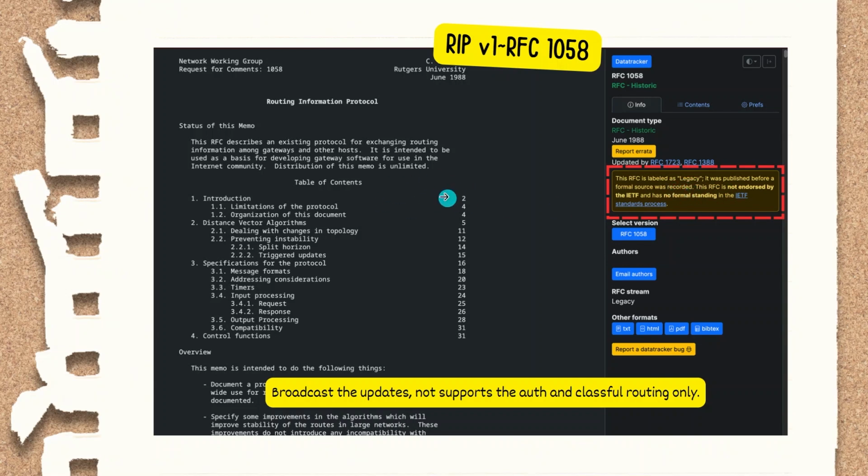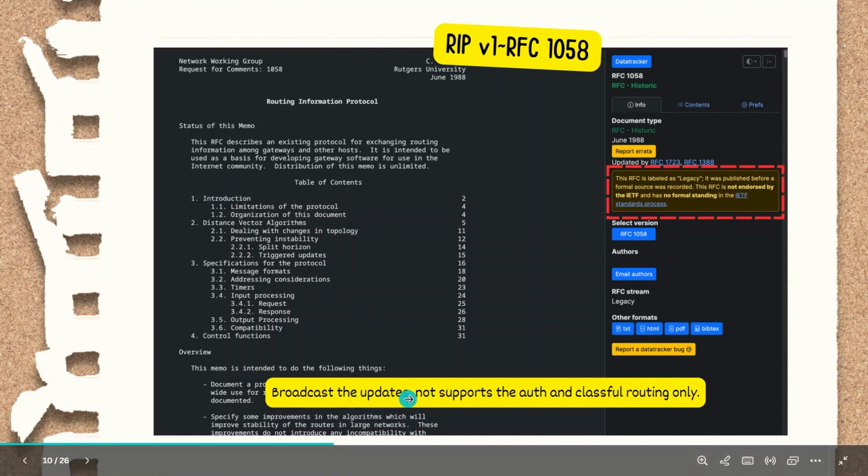So it holds no standards and no formatting. But the core parts of the table of contents of this RFC were like this. And the whole idea of RIP version 1 was to broadcast the updates, and it did not support authentication, and it was only built for classful routing only.